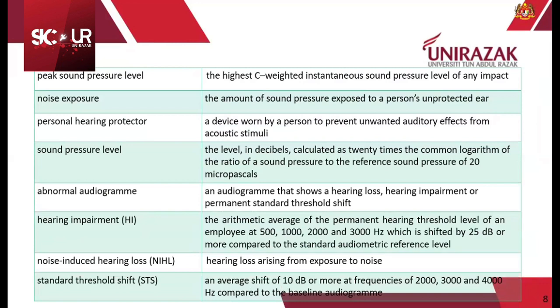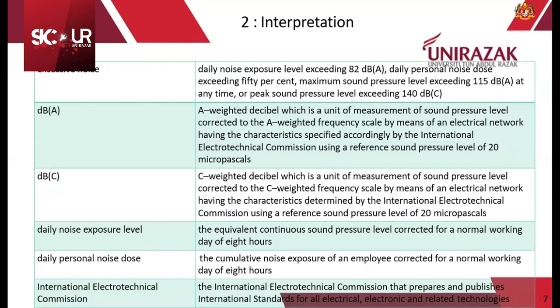So seterusnya peak sound pressure level. Assalamualaikum tuan. Slide tadi yang sebelum ni. Untuk nak tanya untuk decibel A dengan C tu, selalunya pakai C tu selalu pakai dekat mana? Oh, yang ni nanti saya semak balik dengan assessor. Biasanya kita akan pakai dBA je lah. Normally kita tengok akan pakai A lah.